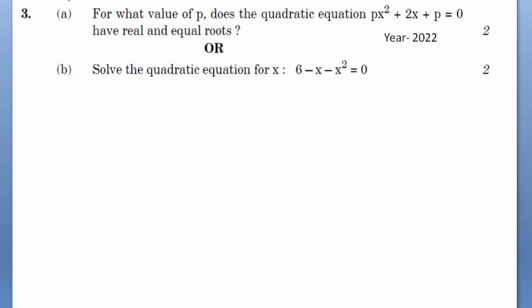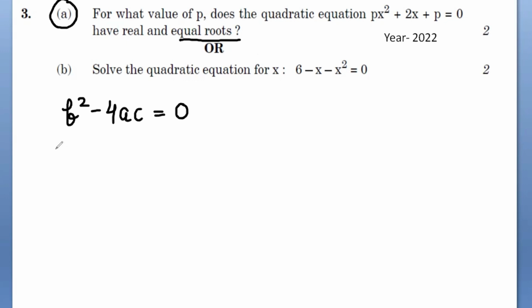Now for question number 3a, what is written is: for what value of p does the quadratic equation have real and equal roots? We have already seen that any quadratic equation has equal and real roots when the value of b square minus 4ac is equal to 0. We will use this condition to find the value of p.